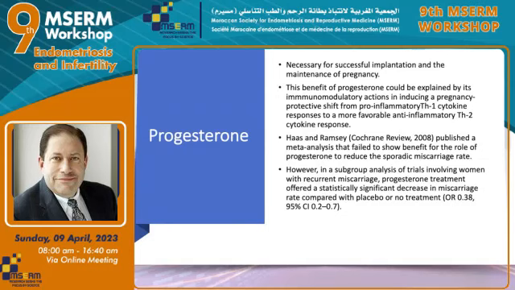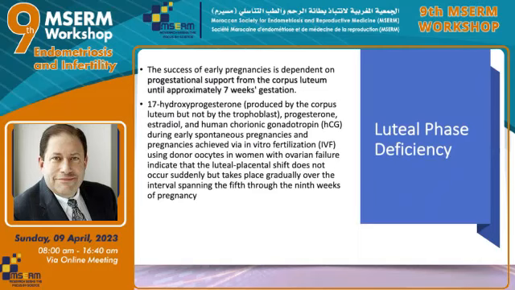However, in these large trials, there have been a subgroup of women who have recurrent miscarriage. And in fact, some studies, not all, have shown a decrease in miscarriage. Some have shown no effect. And we're going to talk a little bit more about that in a moment.